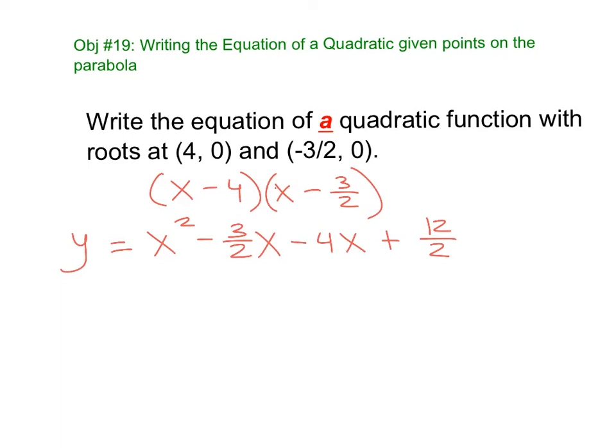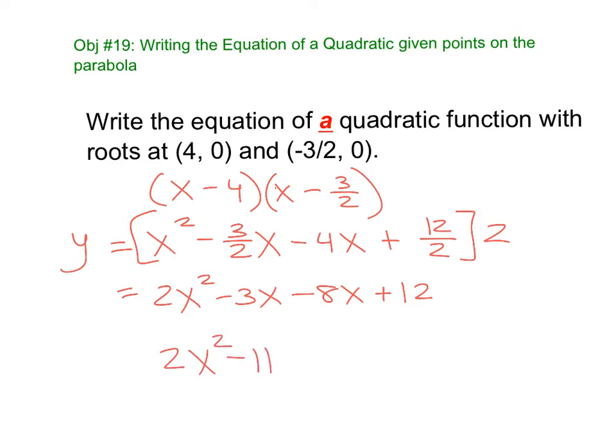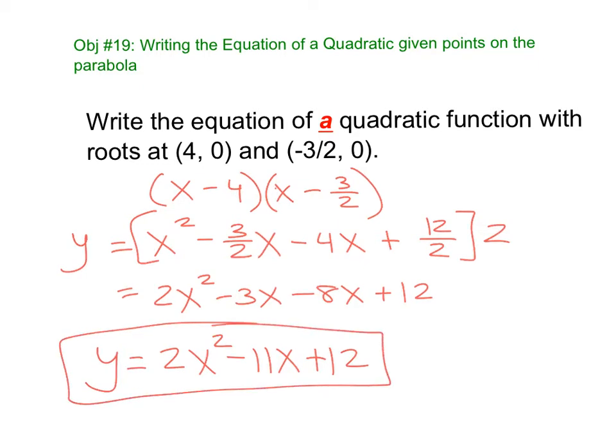I'm going to multiply the entire thing by 2 to get rid of the fraction. So mine is going to be 2x squared minus 3x minus 8x plus 12, so 2x squared minus 11x plus 12. So that's my equation. You didn't have to do that. You could leave it with the fractions and make that negative 11/2 x plus 6, but I wanted to get rid of the fraction.